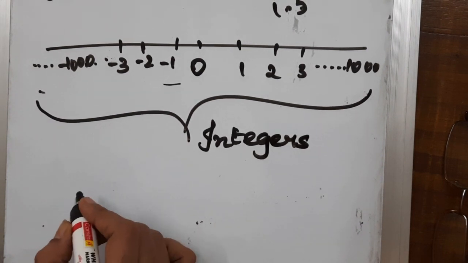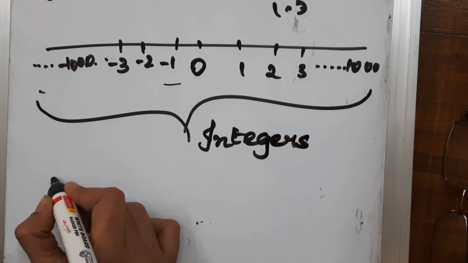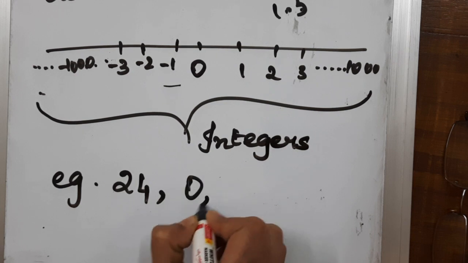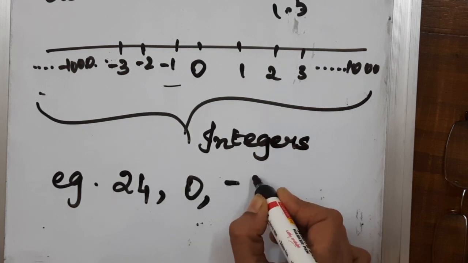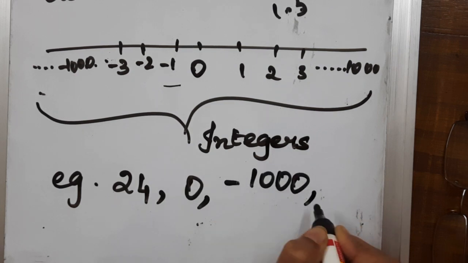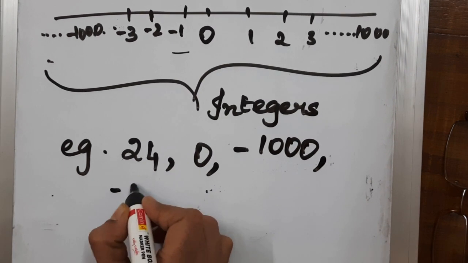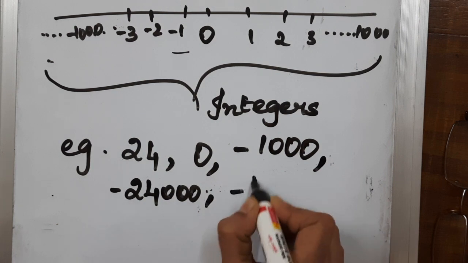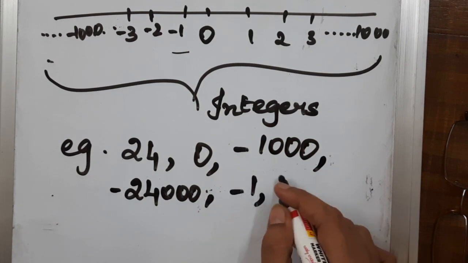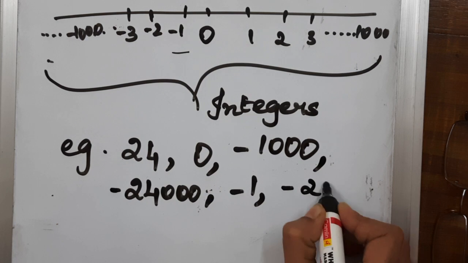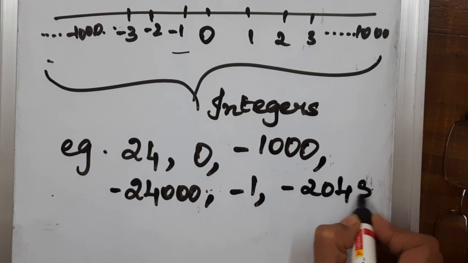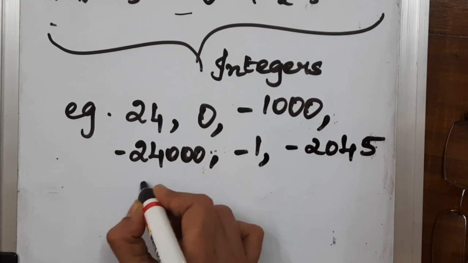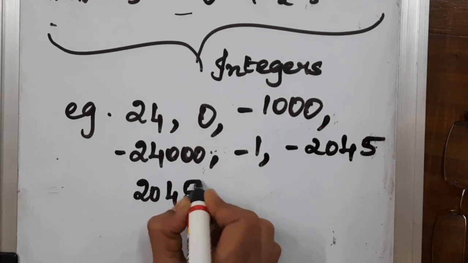Some examples: 24 is an integer, 0 is an integer, minus 1000 is an integer, minus 24,000 is an integer, minus 1 is an integer, minus 2045 is an integer, plus 2045 is also an integer.